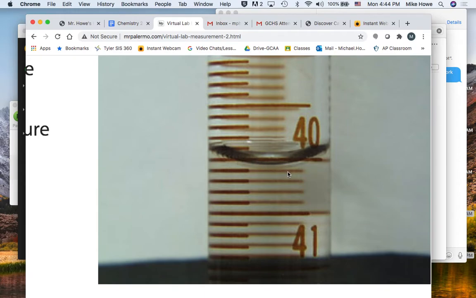So we need to estimate where we are between 40 and 40.1. So we're not all the way down to 40.1. We're not even quite halfway down. So it's like 40 milliliters and 0/10, but about 3/100. So if you divide this space into tenths, it's called a hundredth because it's a tenth of a tenth. So we would call this number 40.03.